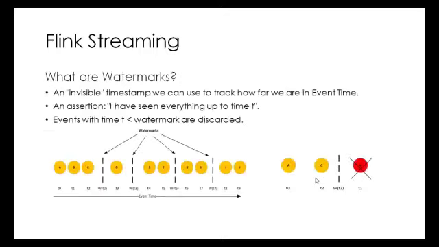What is a watermark? Remember, the baseline assumption that we're dealing with here is that your events have been timestamped at the source. If they're not timestamped, none of this works. You have to have something that says, here's the source of truth for when this event happened.